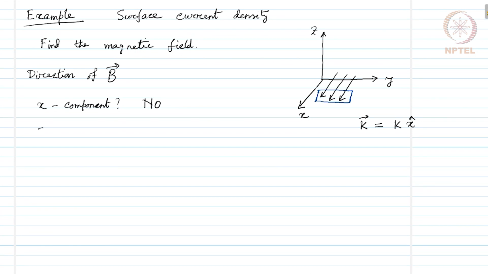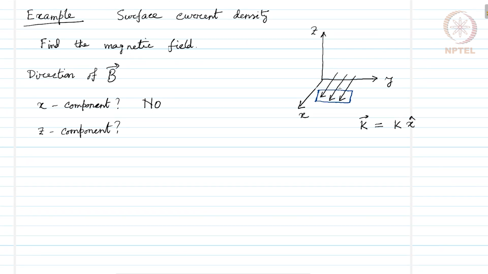Can it have a z component? We will have a point of observation that will be away from this plane. On this plane, we do not want to find the magnetic field. So the distance of that point from this current would be along z direction. So, r cap would be along z direction, or it will have certain z component.